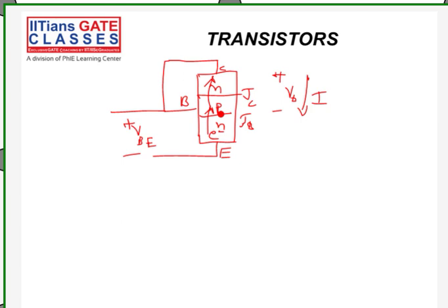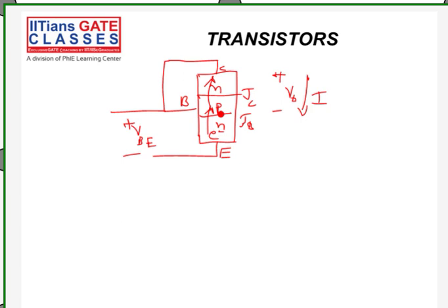Collector and base terminals, they are shorted together. So understood? Okay, do you want me to repeat this one? What is this?